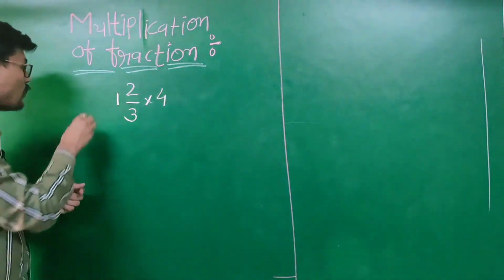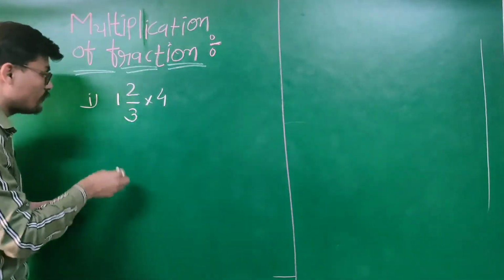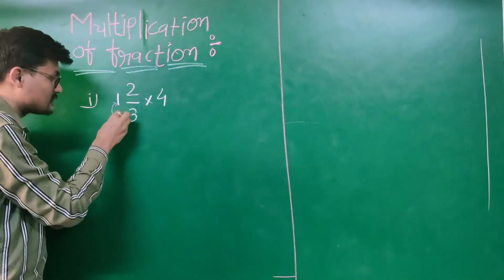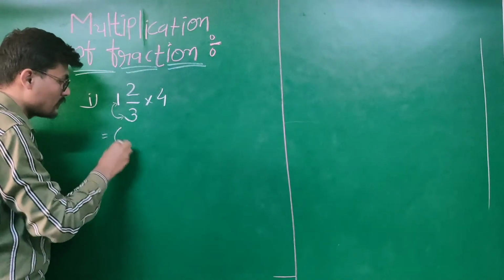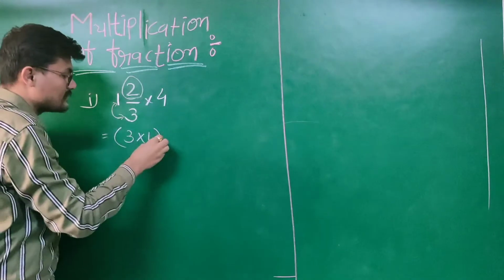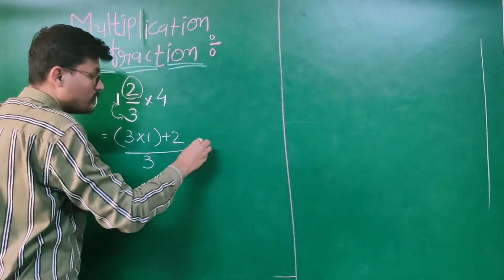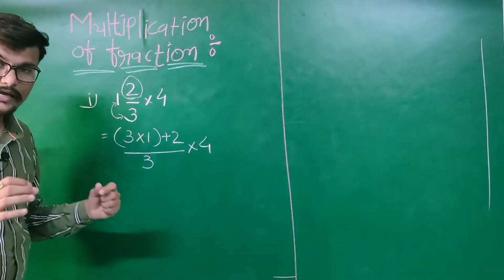So let's see what I can do to convert it into an improper fraction, friends. First of all we will multiply both digits, 3 into 1, and we will add this number, 2 upon 3 as it is, into 4 as it is.